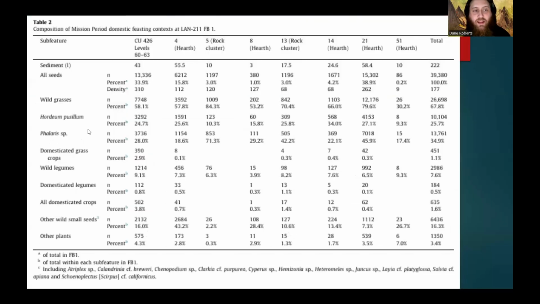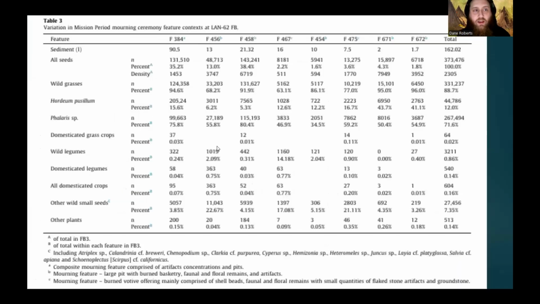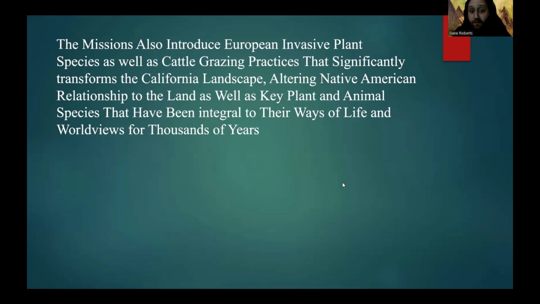And you can see that again in this table here, as well as here. And so that in itself shows that, at least to some degree, there was a concerted attempt to maintain some of their cultural practices while being brutally forced to assimilate and convert to Christianity by the Spanish Empire.